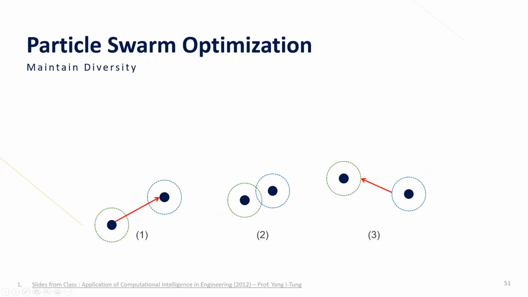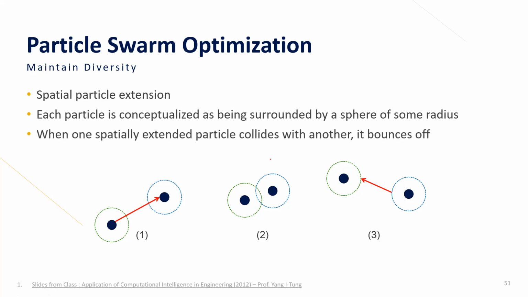There are several ways to introduce or maintain diversification. For example, there is something called spatial particle extension, shown here. When particles are too close to each other, we make them bounce off one another.